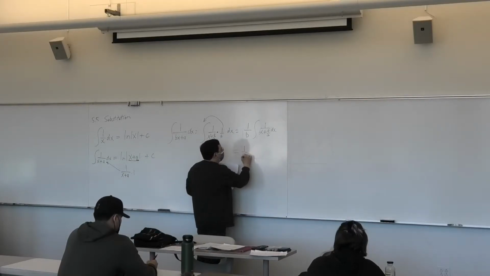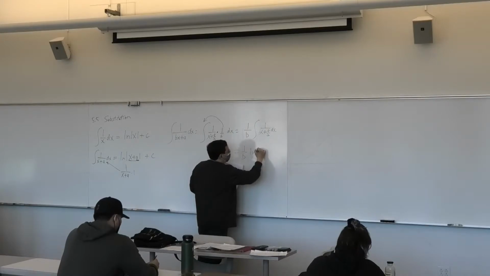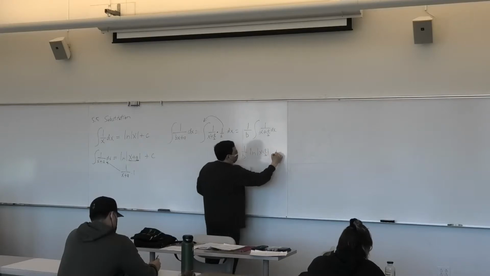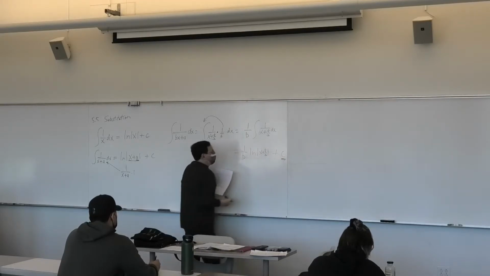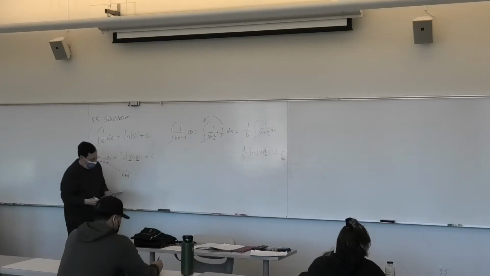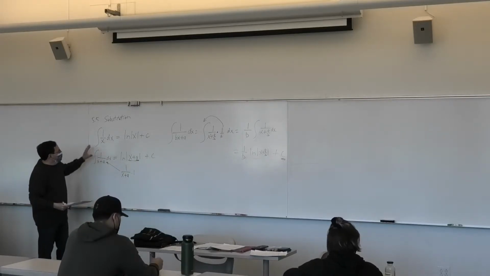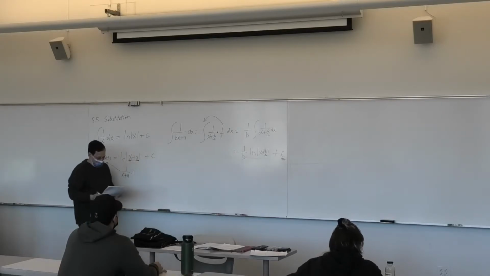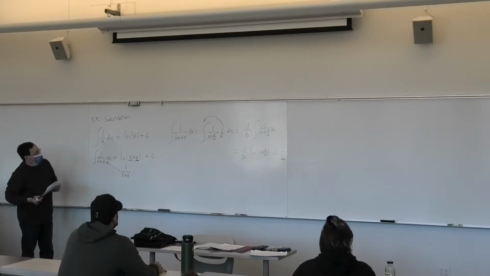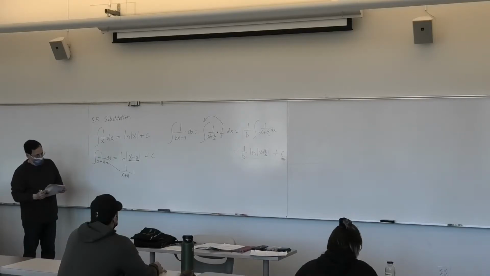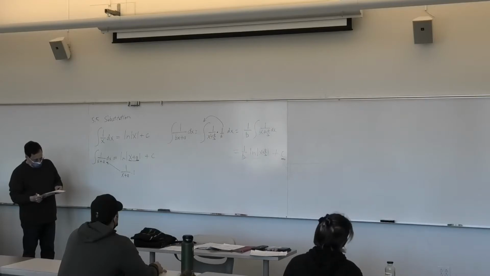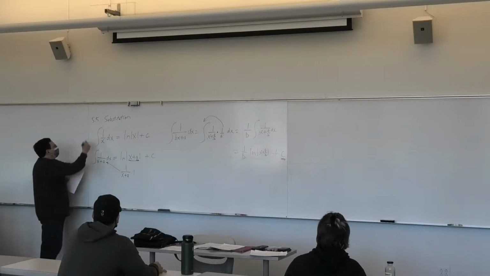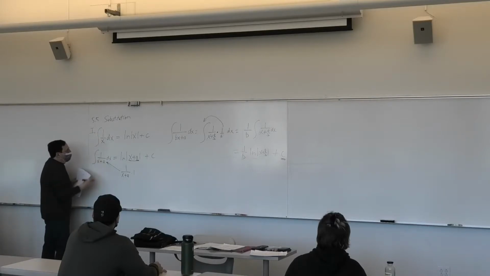We end up with 1 over b times the log of x plus a over b, plus our movable constant c here. So in all these cases, when we get something that looks like this, we can find the indefinite integral, the antiderivative, quite easily. All right, that was example 1.